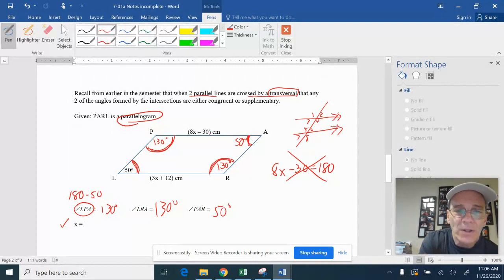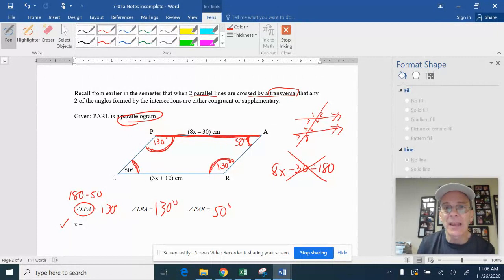But look, what's next to the 8x minus 30? What is that an abbreviation for? Centimeters. That's a length. That's how you have to interpret this diagram. The length of that segment is 8x minus 30.